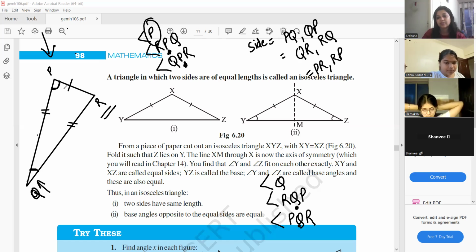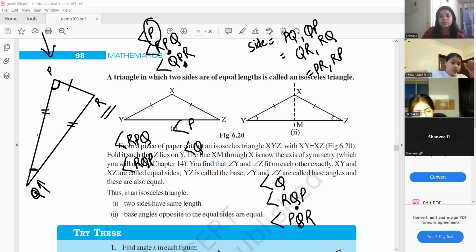Tell me the name of these angles which are equal in measure according to you. Angle RPQ. And the other one? RQP. Or you can also say angle P and angle Q to make it easier.